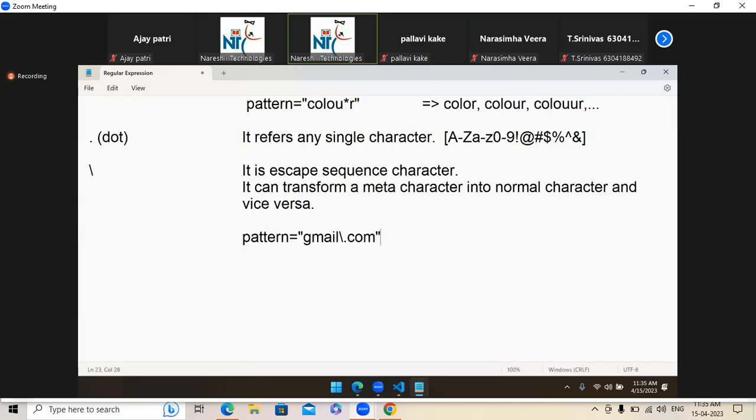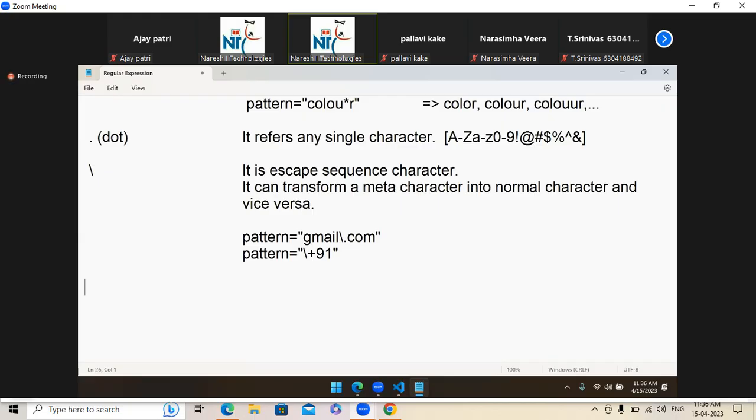Even space matters. One extra space you write in a pattern, that space is also considered. So this is one. You can write another, for example, a pattern like /+91. I can take it like this. These are meta characters.